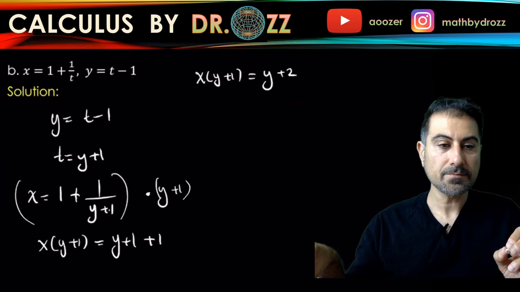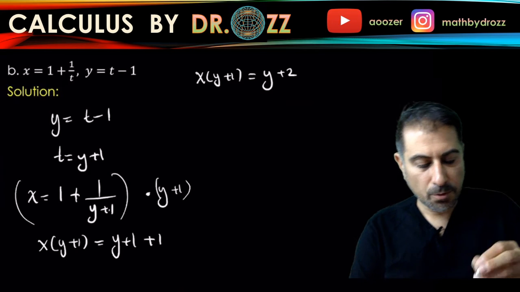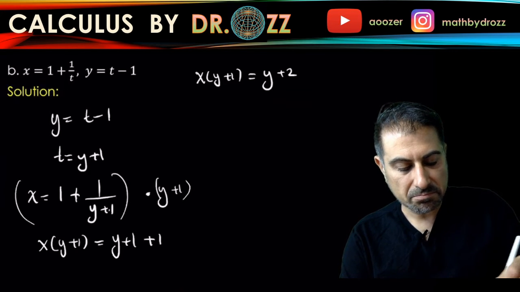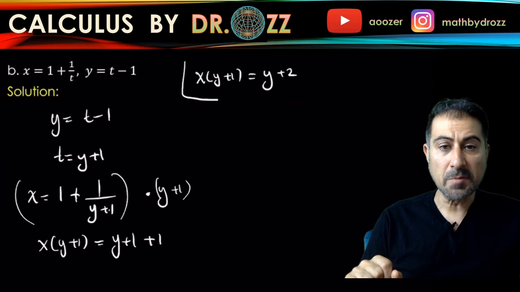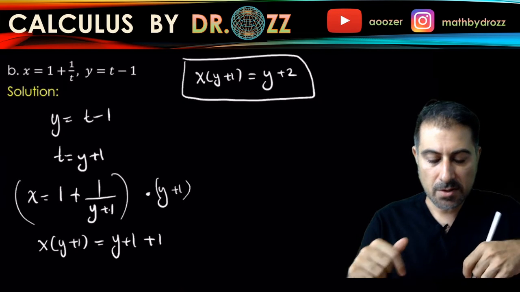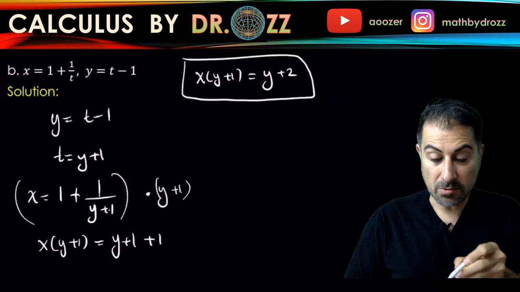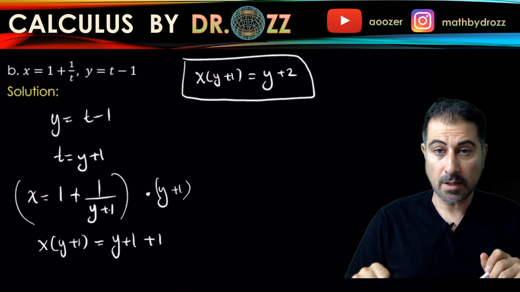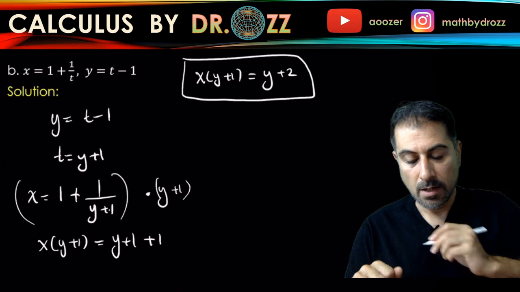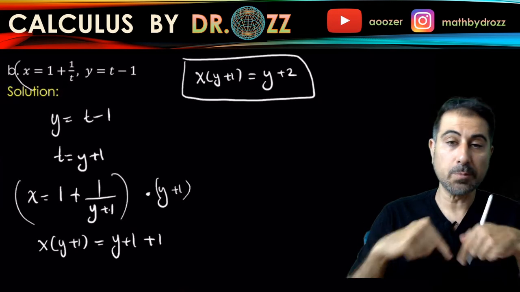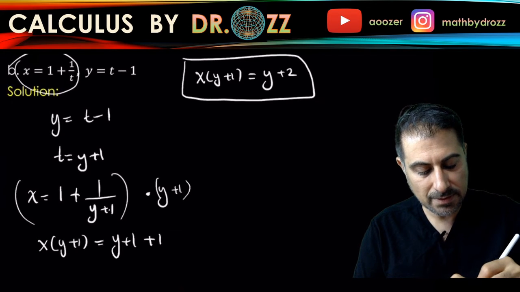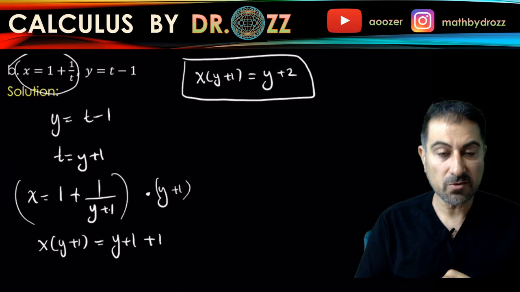This form of the equation doesn't look like something familiar to us. Maybe we can solve the other equation first, solve this equation for t and plug it back into the second part. Let's try that one. Maybe we can get more meaningful stuff.